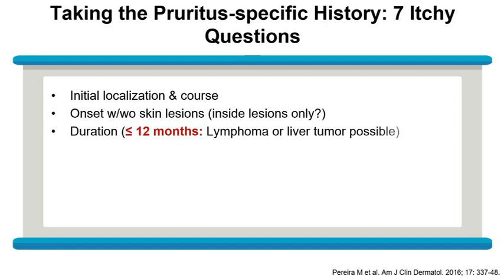And this is a very important question because when we have chronic pruritus on non-lesional skin, so normal appearing skin, and this is below 12 months, then we have to look for lymphoma or liver tumors. So when the patient tells you I have pruritus for 3 years, then the risk is low that they have a malignancy behind that. But if it's below 12 months, be careful with your patients.